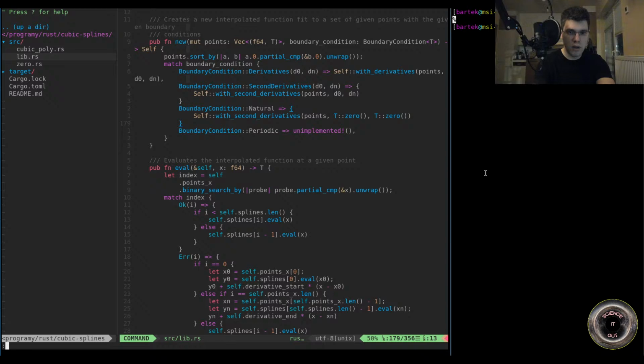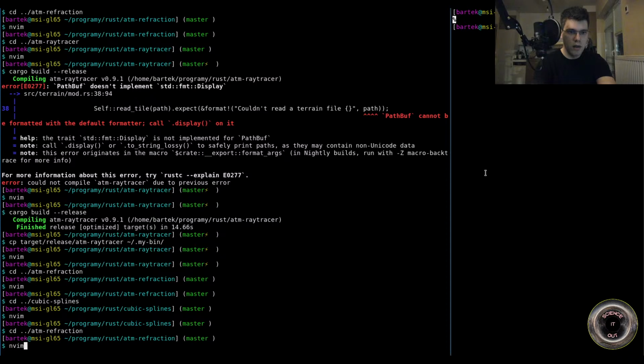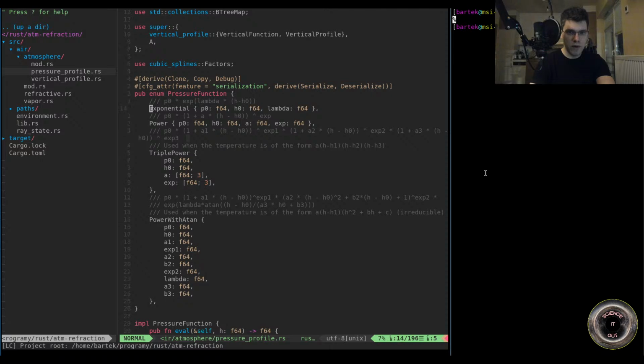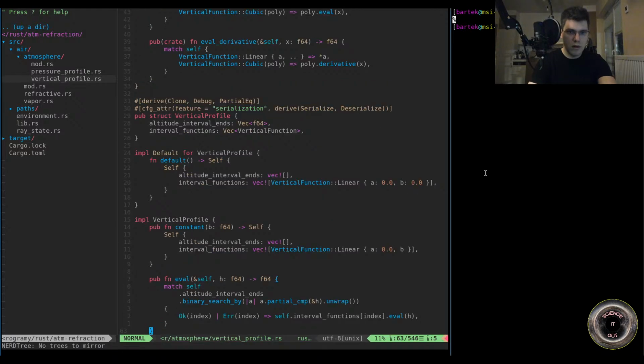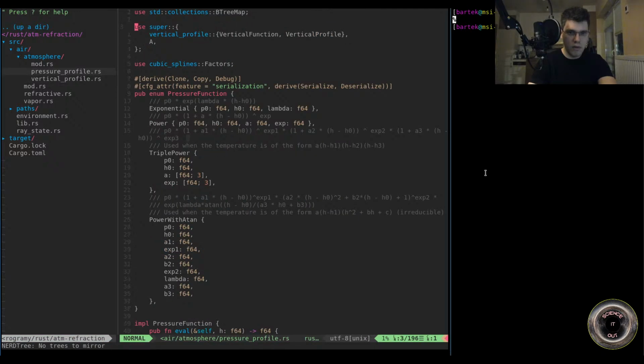So if we look here at the pressure profile, so you can see, wait, is it here? I wanted to show you. Okay, so those are just variants possible.